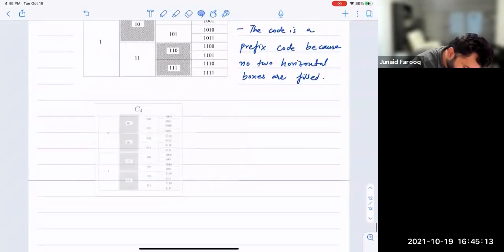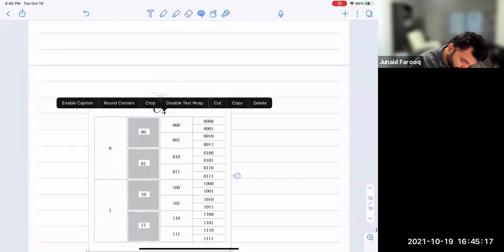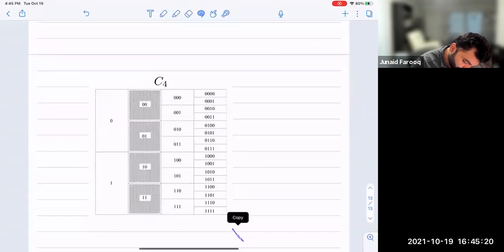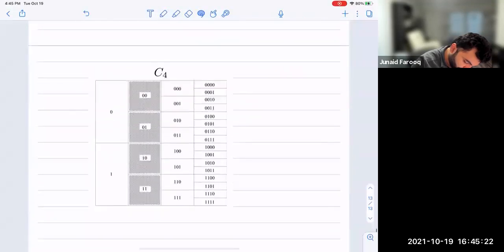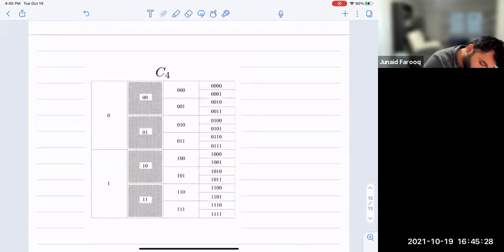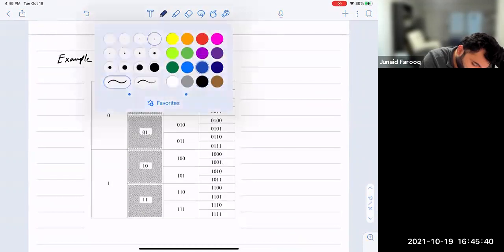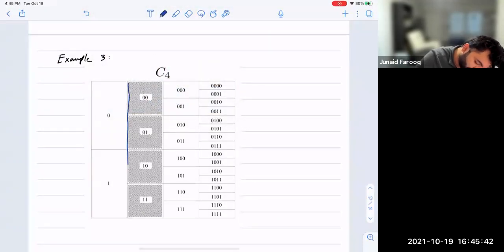Let's see what C4 looks like. So this is example 3. Now this code, first of all, satisfies Kraft inequality exactly, right? Because you can see you have filled up the whole space.